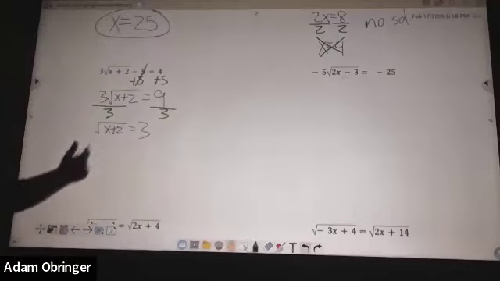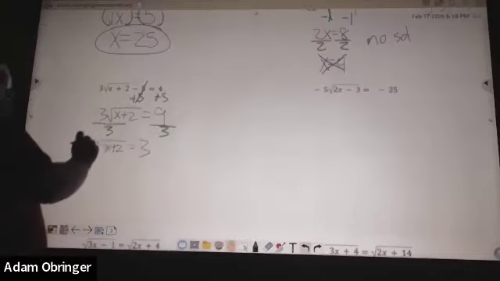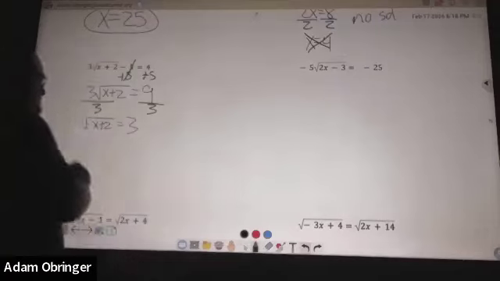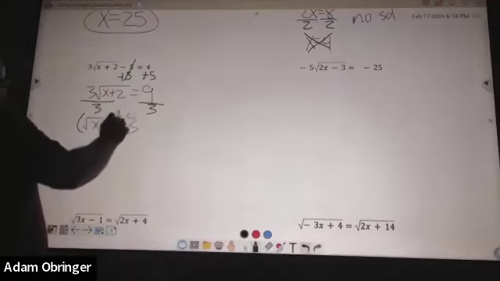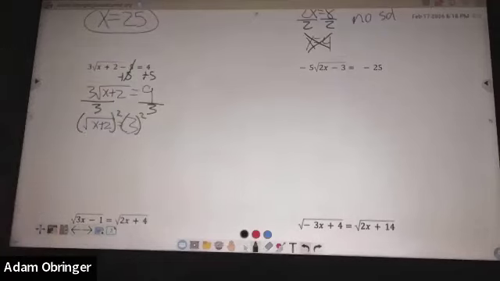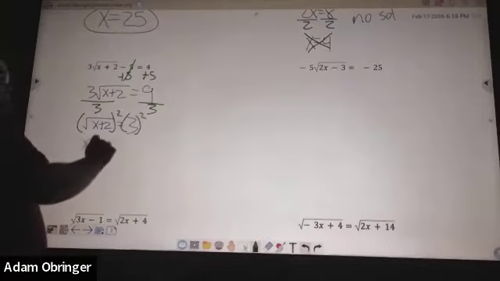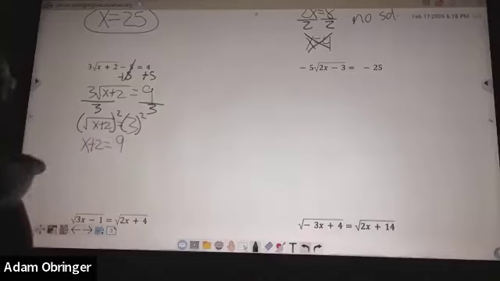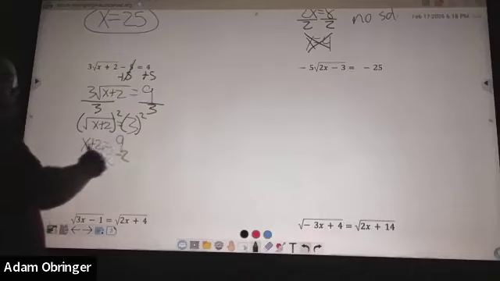Now that we're at the stage where the square root's alone, we are going to square both sides. So that x plus 2 equals, this would be 9. And finally, if we subtract 2 from both sides, we get x equals 7.